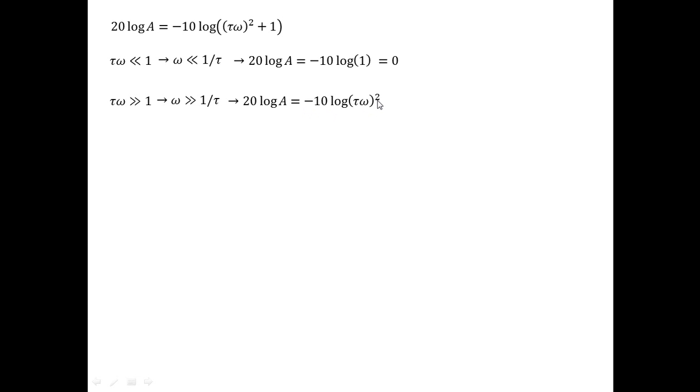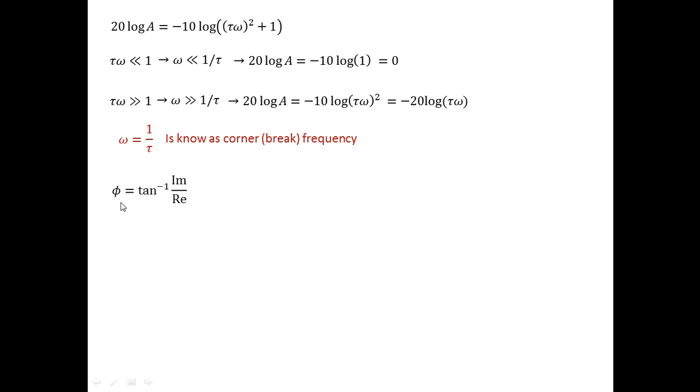Since we have the square here, it will be equal to minus 20 log tau omega. Here it's worth mentioning that omega equal to 1 over tau is known as the corner or break frequency of the transfer function.